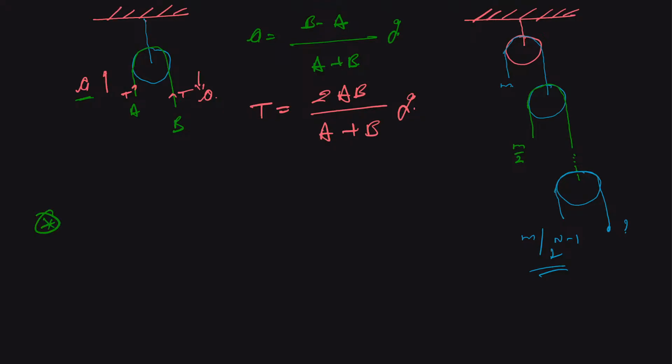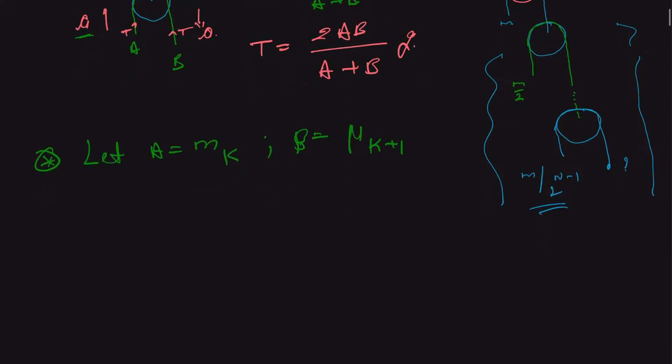So we assume that our mass A is equal to m of k, and our B is mu k plus 1. And we have to remember that this mu k plus 1 is the equivalent mass of the entire subtree. Subtree is nothing but this part. So this is the equivalent mu k plus 1.